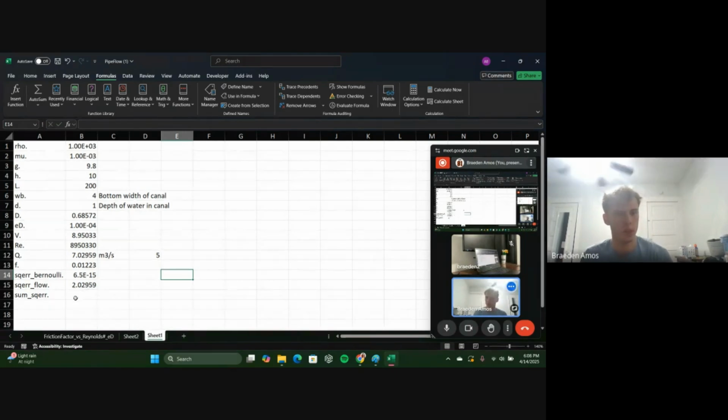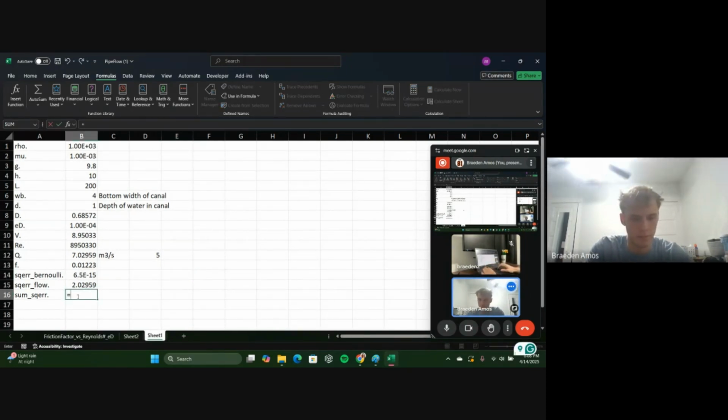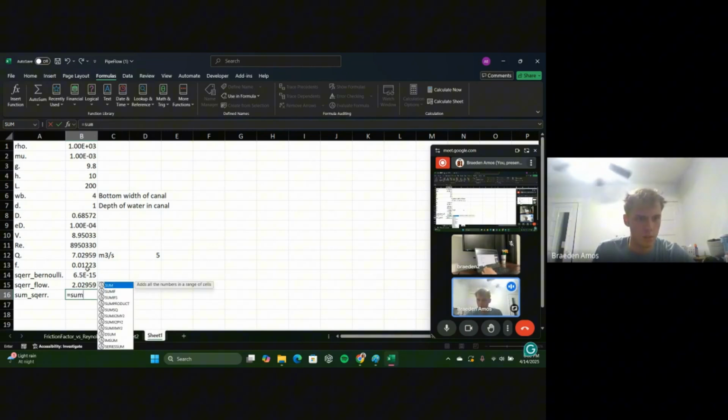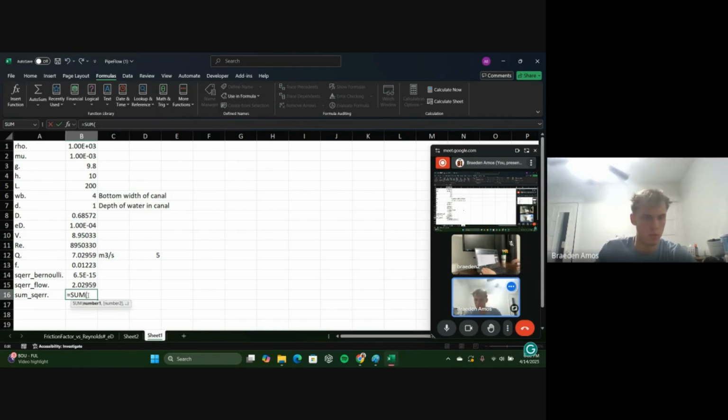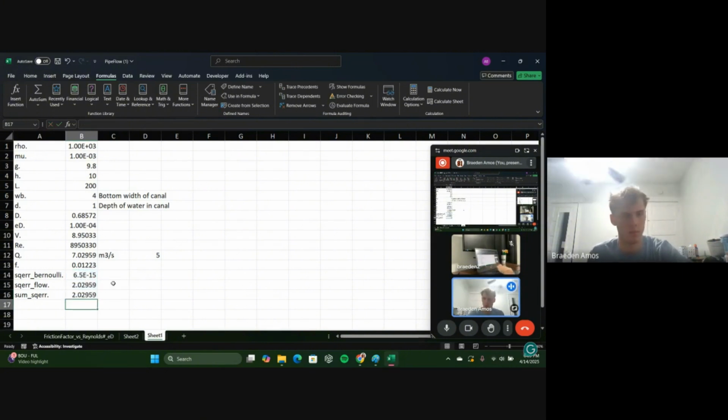So that's our flow rate there. And this is going to be the sum of these two. Oh, the other sum. Yeah. So we want this to be 0 while changing the velocity and the depth of the water, and this will get 0.